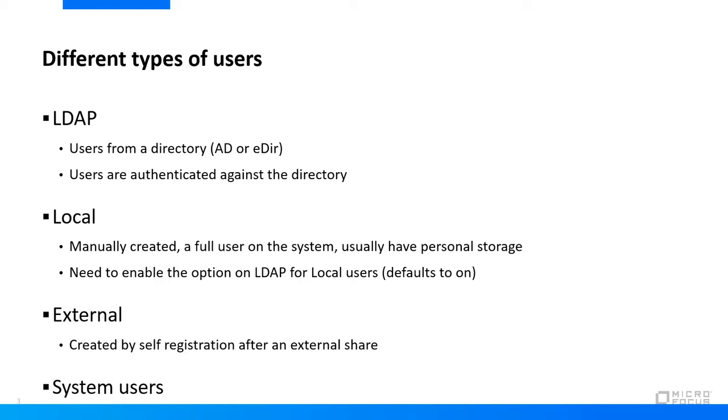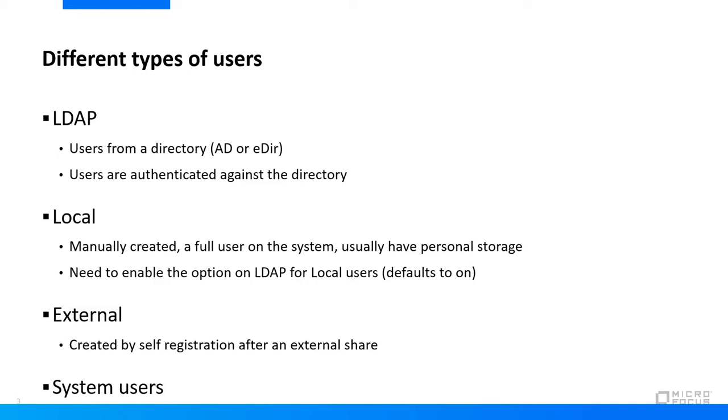We then have external users, so these are users that have been created by your LDAP or internal users when they share something with someone outside the organization. To do that, they just share it with an email address.